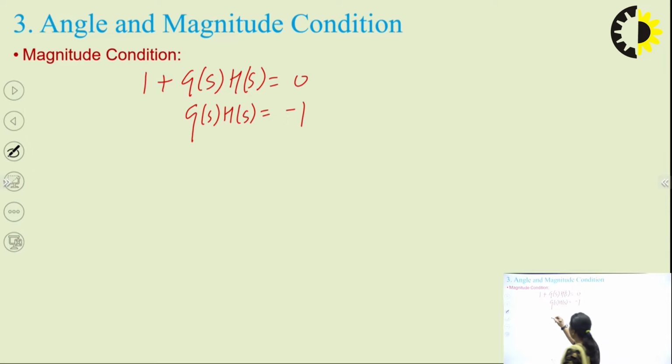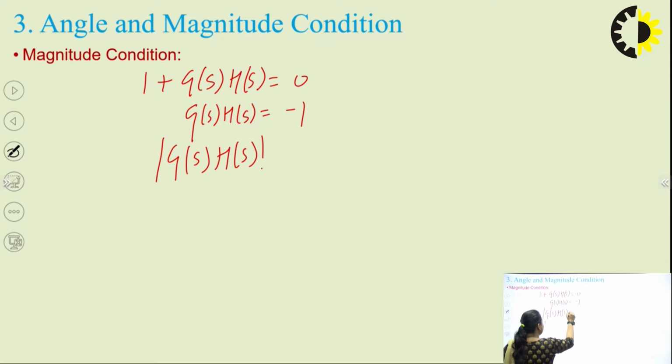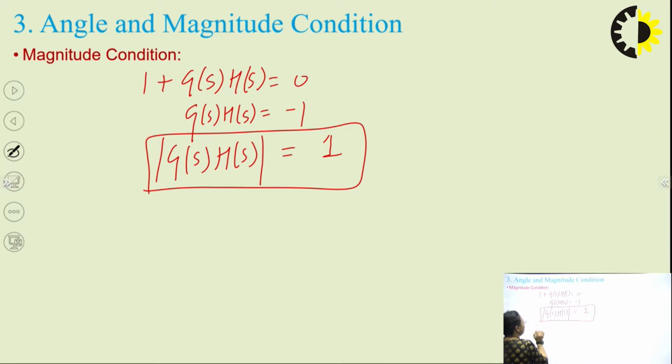When I am taking the magnitude of G(s)H(s), then the magnitude of G(s)H(s) will come to be 1, right? So this is actually the magnitude of the characteristic equation.